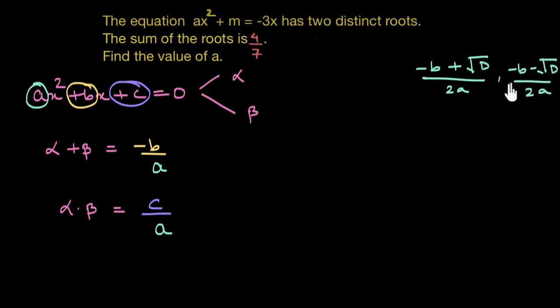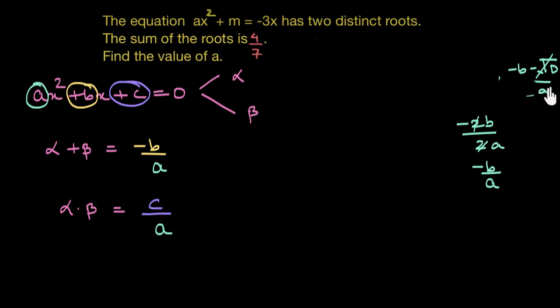When you add them, the positive square root of D and negative square root of D cancel out each other. Negative b and negative b give us -2b divided by 2a. The 2 and 2 cancel out, so we are left with -b/a, which is indeed the sum of roots. Similarly, when you multiply them, you get the product of the roots as c/a.